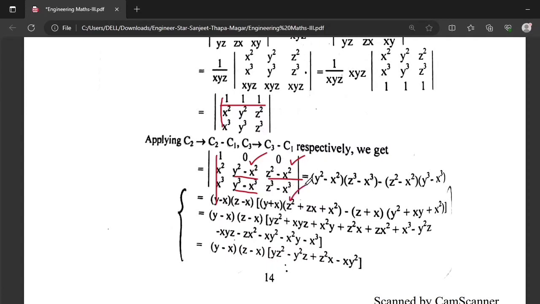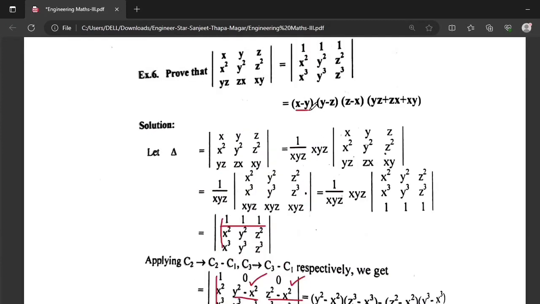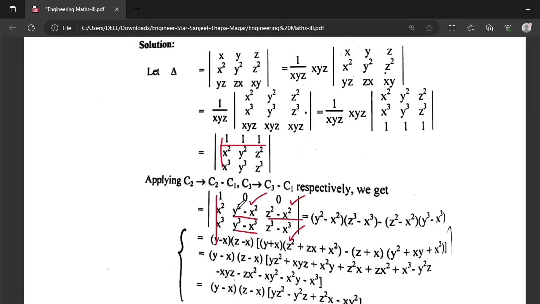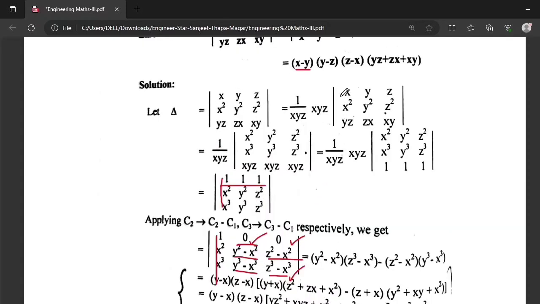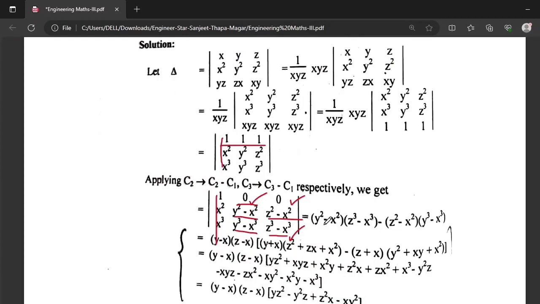So we are near to the answer because x minus y is the same thing as y minus x with negative sign, and z minus x, z minus x. So our approach is correct.